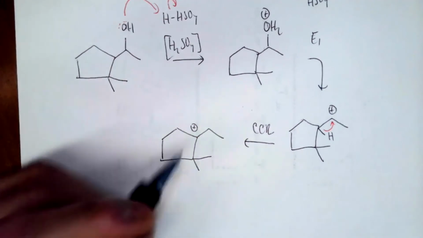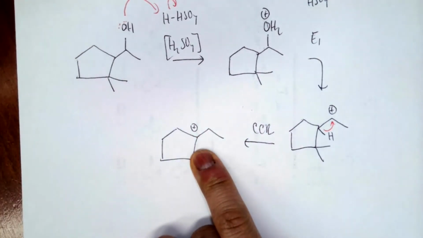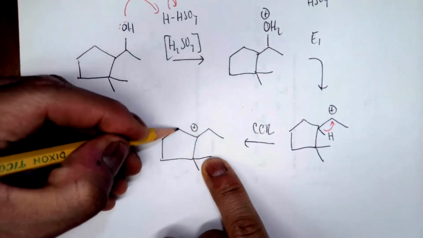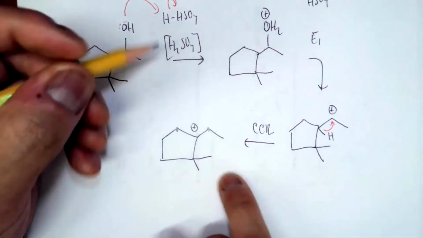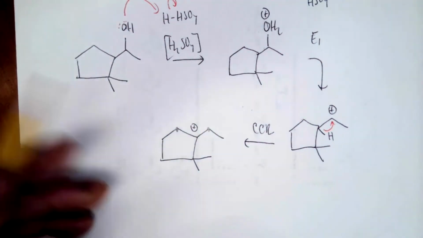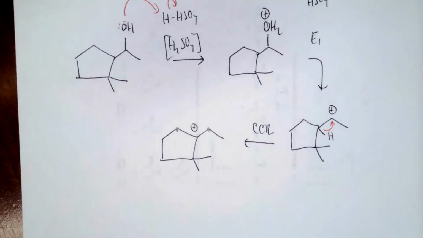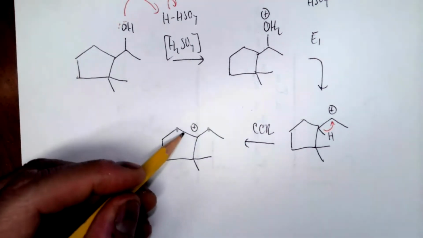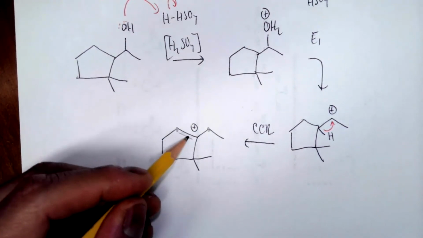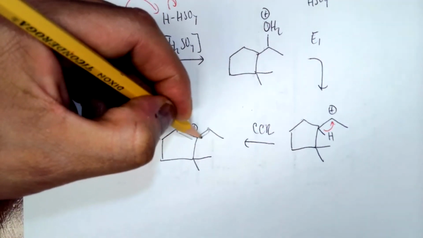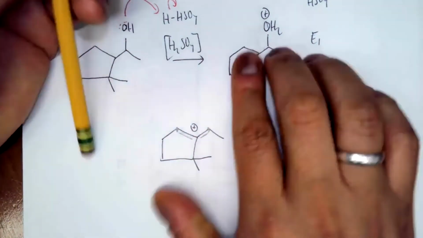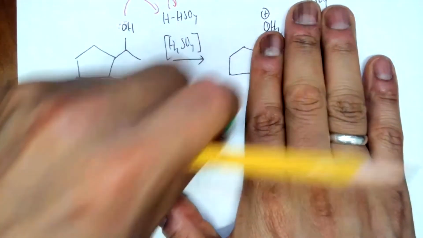What is next? Selection of the beta hydrogen, right? I have two beta hydrogens, here and here, and they actually both give me Zaitsev, because if I do it here, I will get a trisubstituted alkene, and if I do it here, also a trisubstituted alkene. So in this case, you will actually get a mixture.